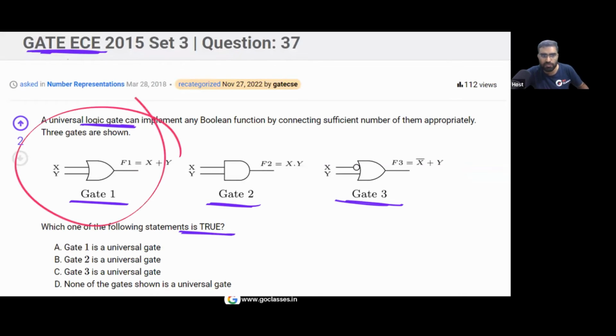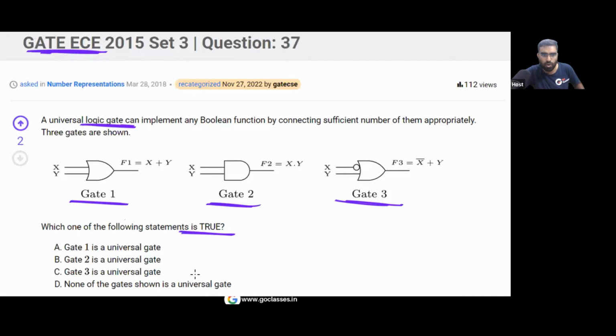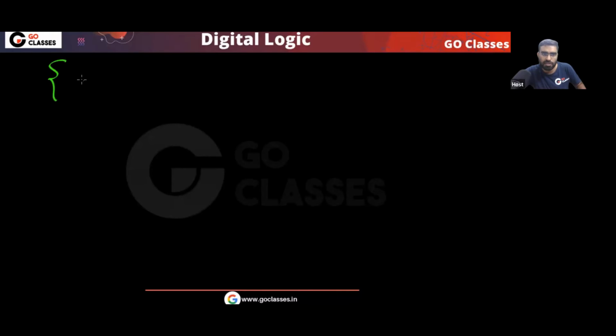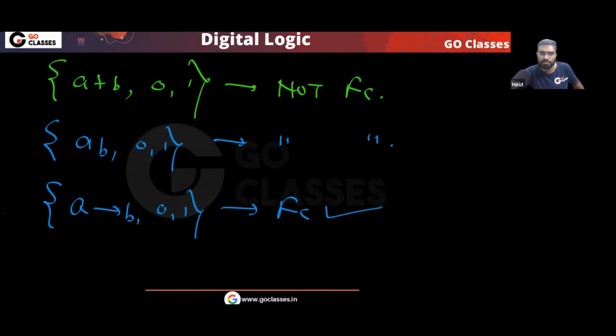But this with 0, 1 is also not functionally complete. Please understand. This OR gate, even if you give 0, 1, is not functionally complete. Similarly, this AND gate with 0, 1 is also not functionally complete. But remember, this implication with 0, 1 is functionally complete.